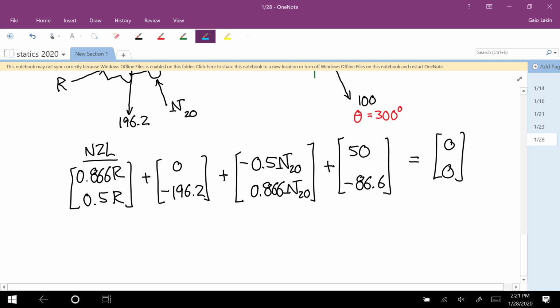So our third equation says 0.866 R minus 0.5 N20 is equal to negative 50.